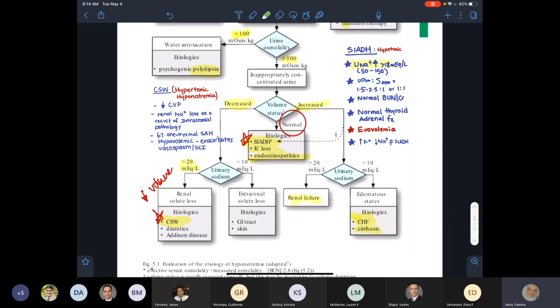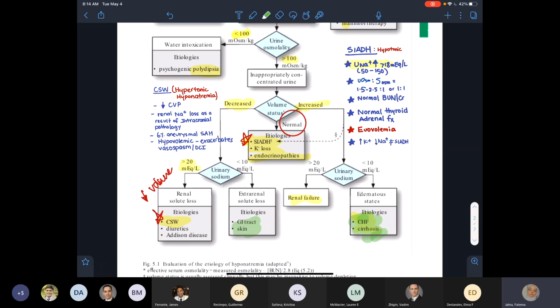And then there are some other conditions like your GI loss, and then you have the CHF and cirrhosis situation where you have too much intravascular and extracellular fluid that causes you to lose too much sodium.